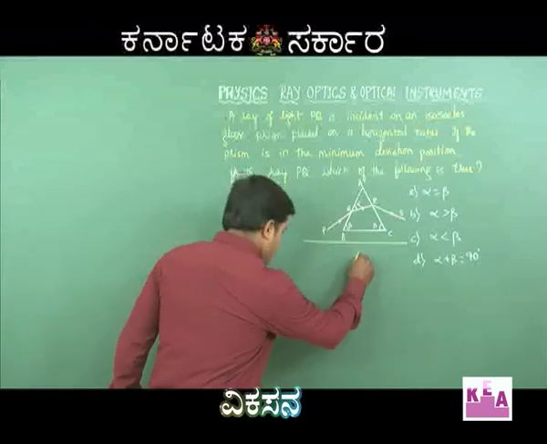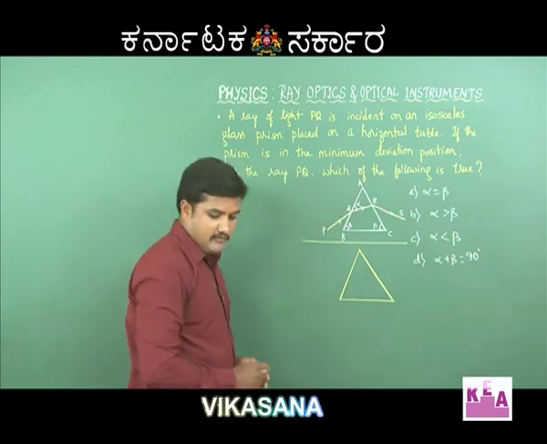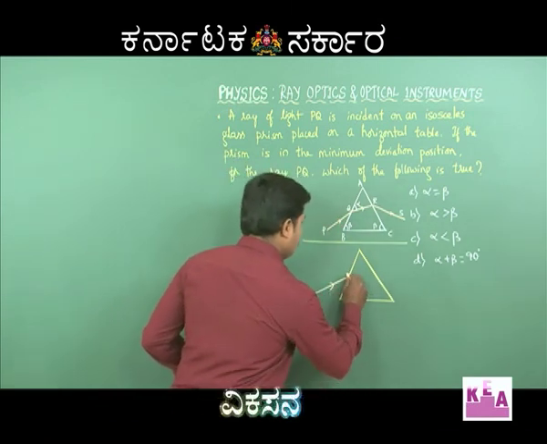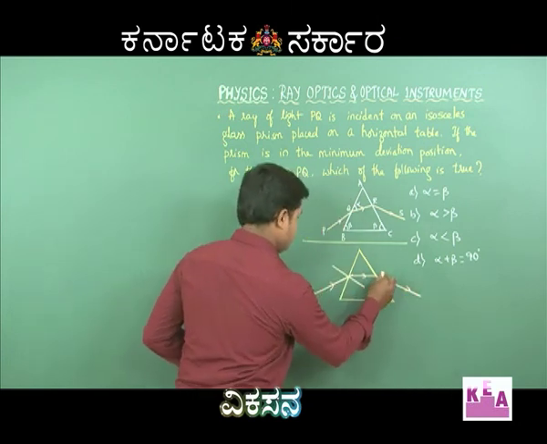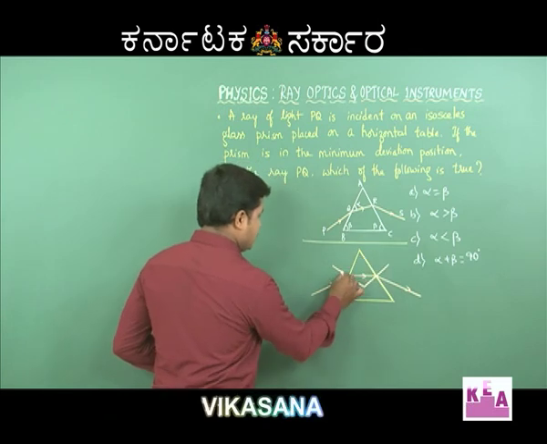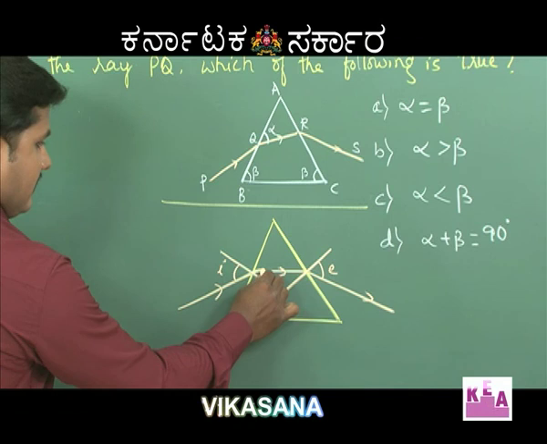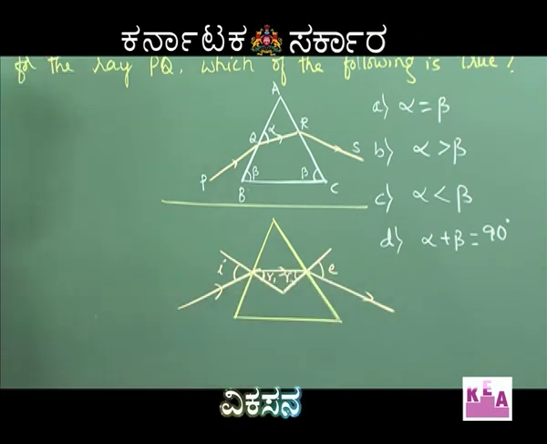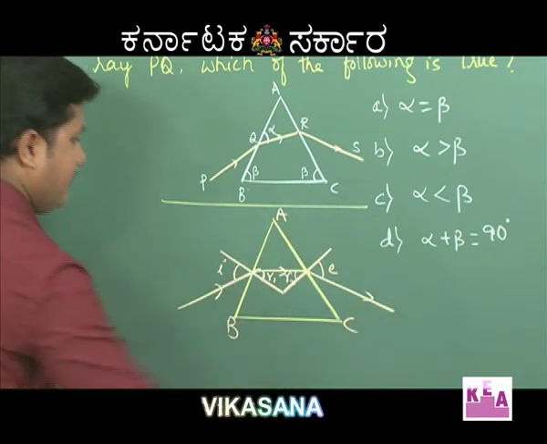So when the prism is kept in minimum deviation position, when a monochromatic ray passes through the prism, let me write the diagram. Draw normals. So this is angle of incidence I, angle of emergence E, angles of refraction R1, R2 on the two faces, and angle of prism, let me write this as ABC.